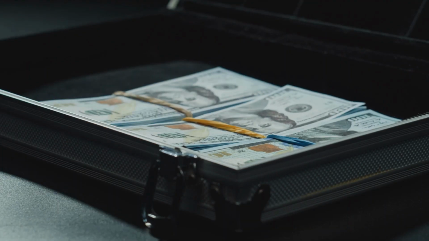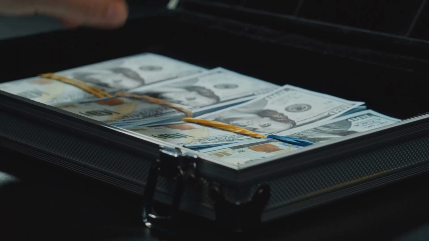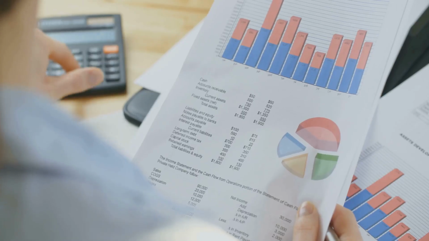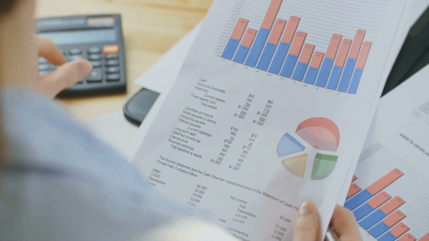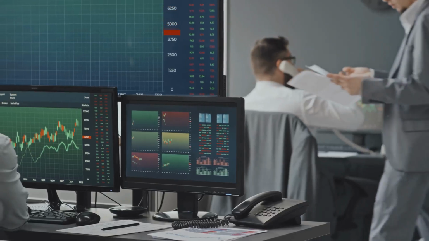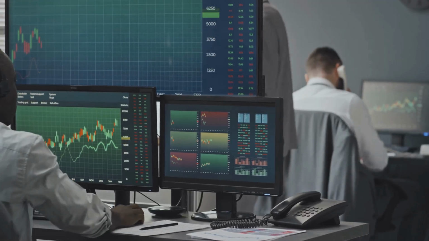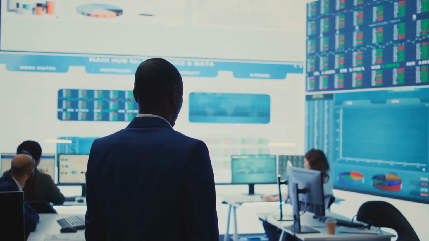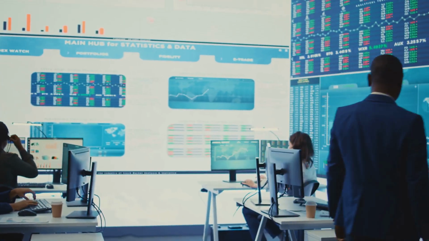Monetary unit sampling, on the other hand, is designed to give larger dollar transactions a higher probability of selection. This technique is particularly useful for detecting overstatements or material misstatements in financial statements. By focusing on high-value transactions, auditors can target areas with greater potential financial impact, increasing the efficiency and effectiveness of their audit procedures.